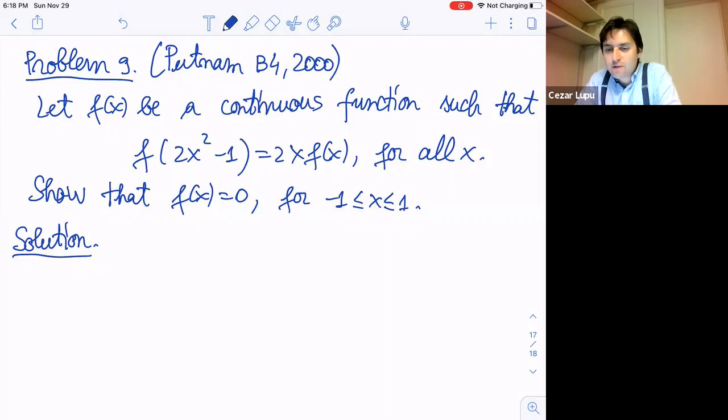Remember, cosine of 2x was cosine squared of x minus sine squared of x, or, since sine squared of x plus cosine squared of x is 1, you can say that cosine of 2x is 2 cosine squared of x minus 1. So maybe it will ring a bell. You see, you also have there 2x f of x, so maybe it's something involving cosine of x.